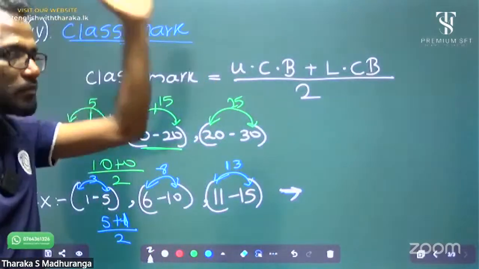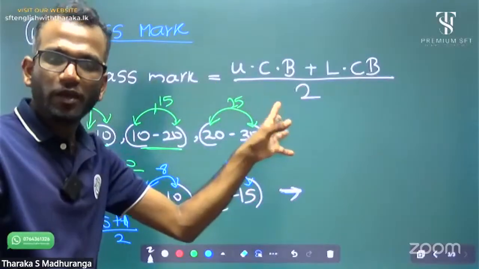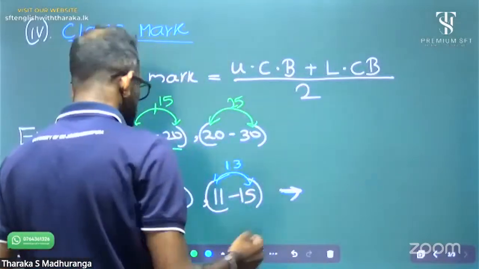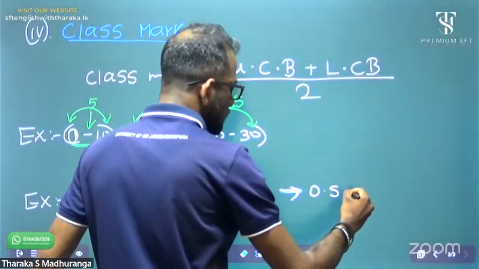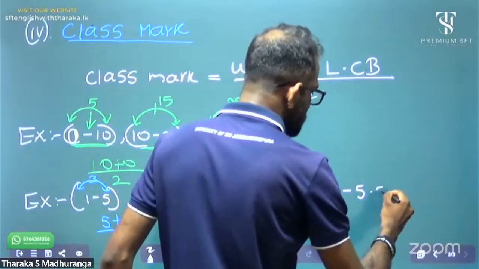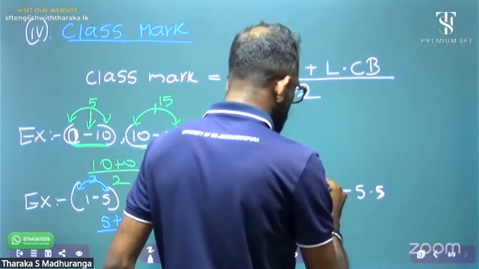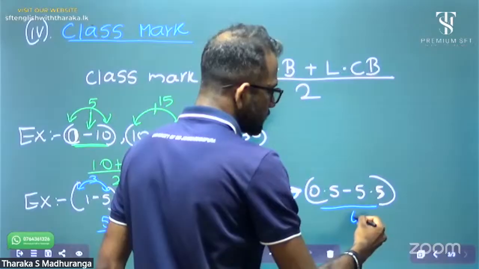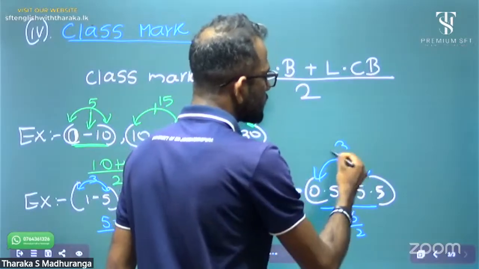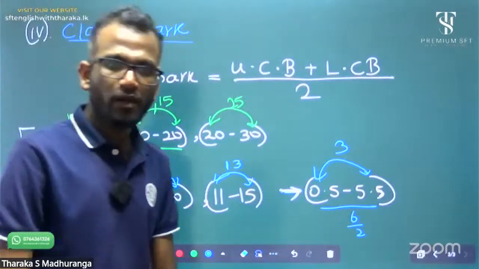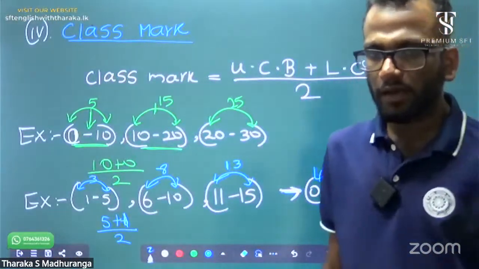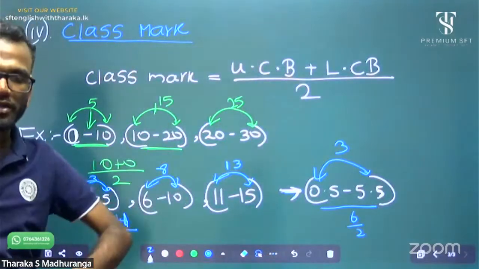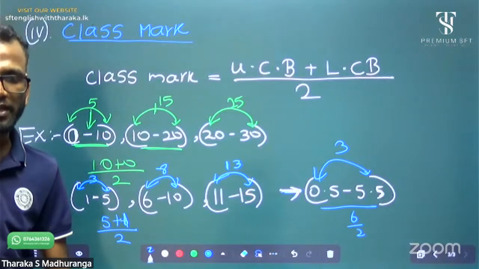For class size, definitely you have to use boundaries. For class mark, you can use boundaries or limits, both. See, 0.5 and 5.5, the sum is 6. 6 over 2 again, the same. But it is better to remember class boundaries. No issue.